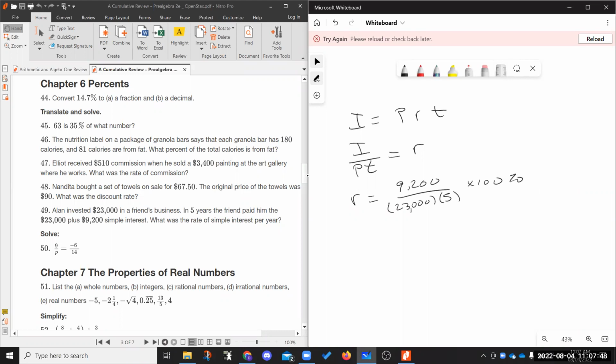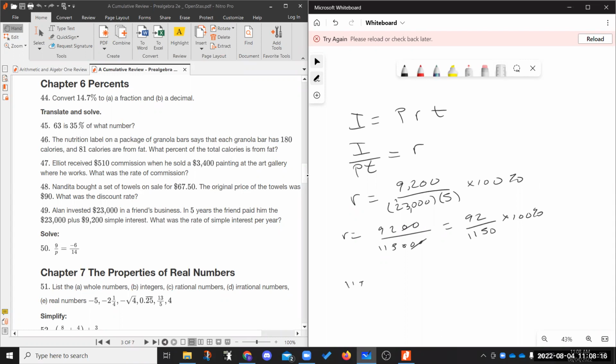So we're going to have a lot of zeros that are going to cancel off here. Got a couple of zeros cancel off. So this is 92 over 1,150 times 100%.